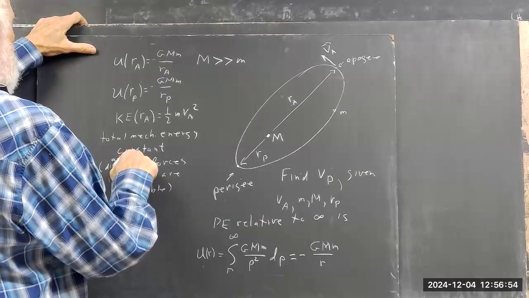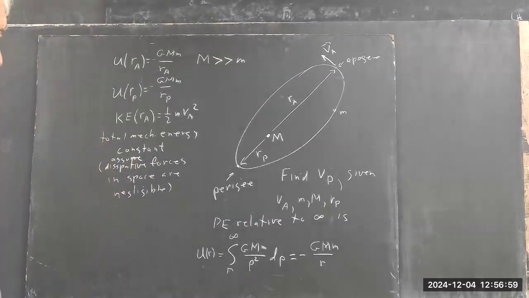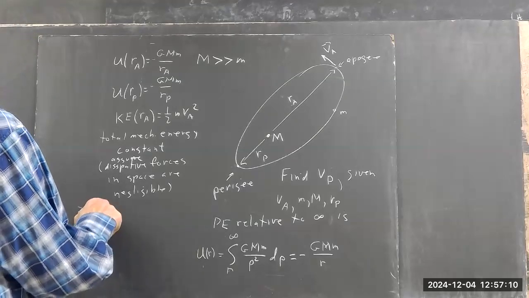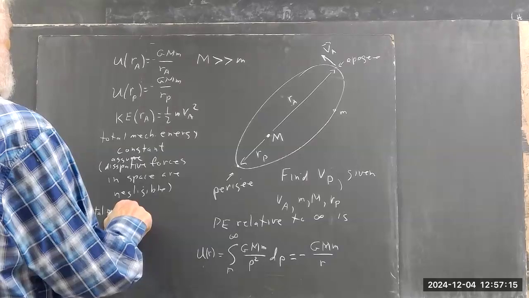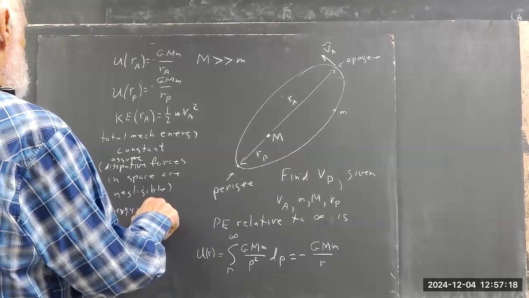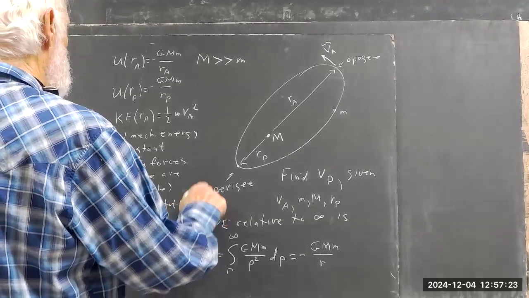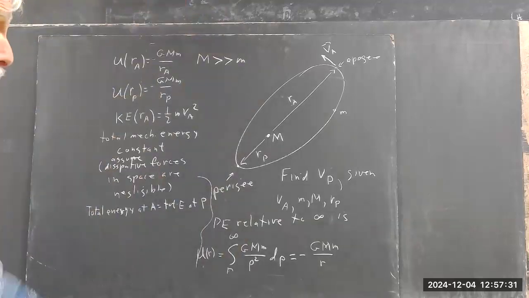Let's say we assume that the dissipative forces in space are negligible. So what's your conclusion? Total energy at A is the total energy at P. Total energy doesn't change.